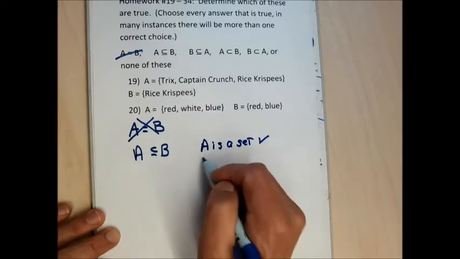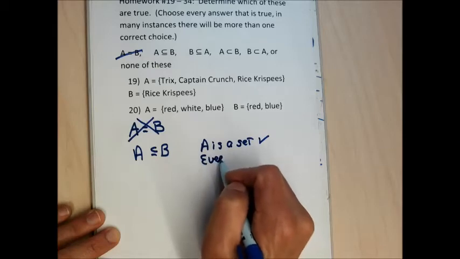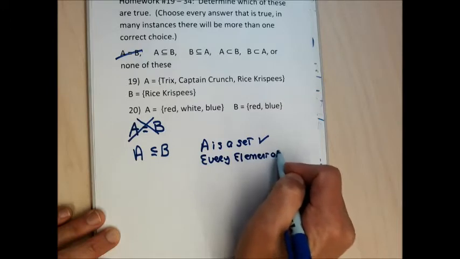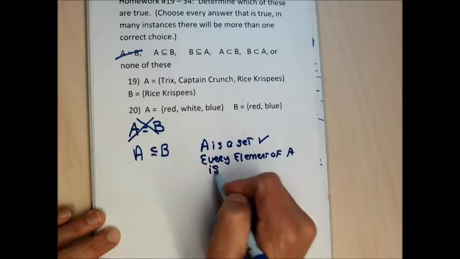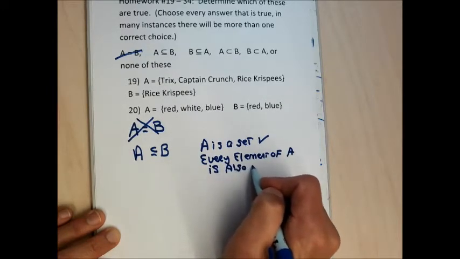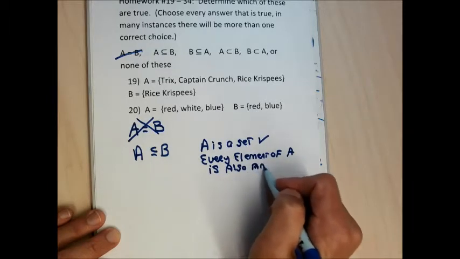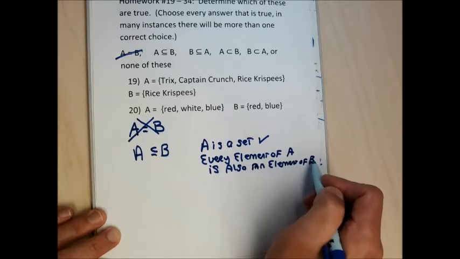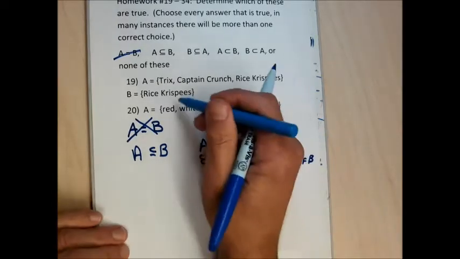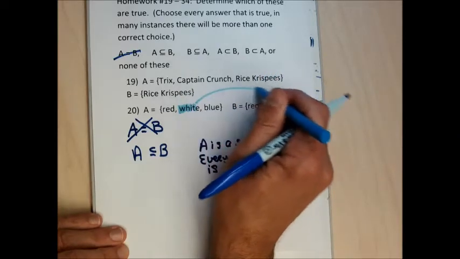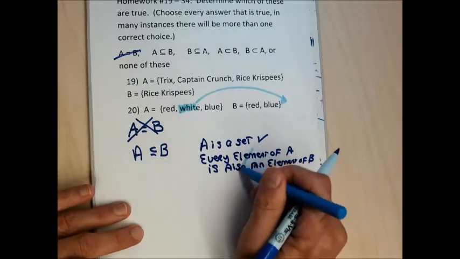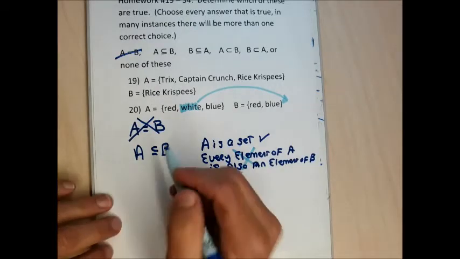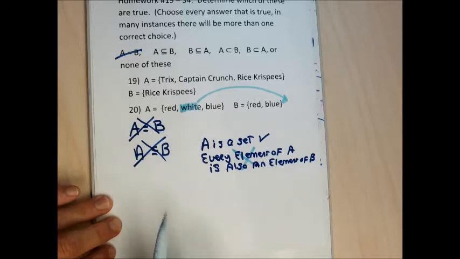And the next thing I need is every element of A is also an element of B. And this is where I violate here, because the element white is in A, but it's not in B. So I violate that rule because it doesn't meet the two rules, only meets one of the two rules. I can't put that in my answer.